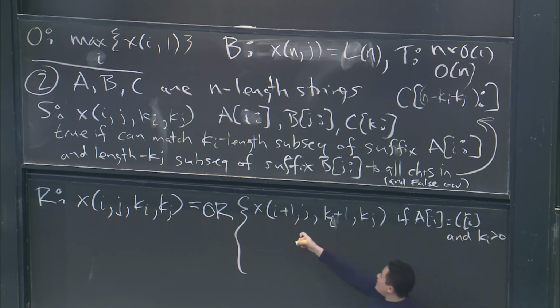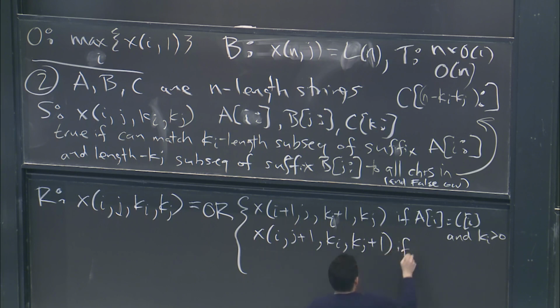So if Ki is greater than 0, I need to match an i, right? So this conditional doesn't even make sense unless I've evaluated this Ki to be bigger than 0. Otherwise, I'm trying to access i of n, right? So I'm just putting this conditional on there. Same with matching B. i, j plus 1, Ki, Kj minus 1 if, sorry, this should be minus 1. I have fewer characters that I have to recurse on, so that's a typo in my notes.